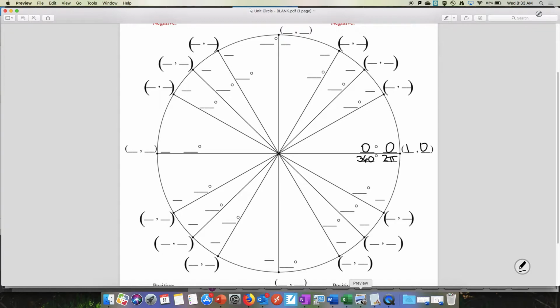Up here, this is 90 degrees, which we had converted to pi over 2. If this is the origin, and we have a radius of 1, what's this coordinate? 0, 1.